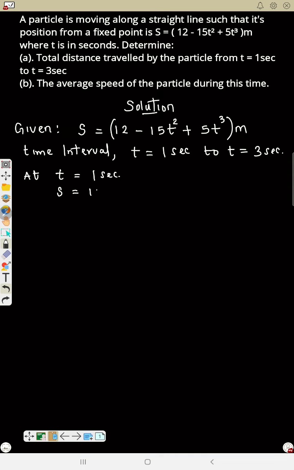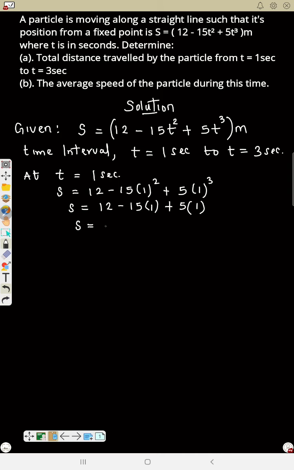s = 12 - 15(1)² + 5(1)³. So s = 12 - 15 + 5, because 1 squared is 1 and 1 cubed is also 1.